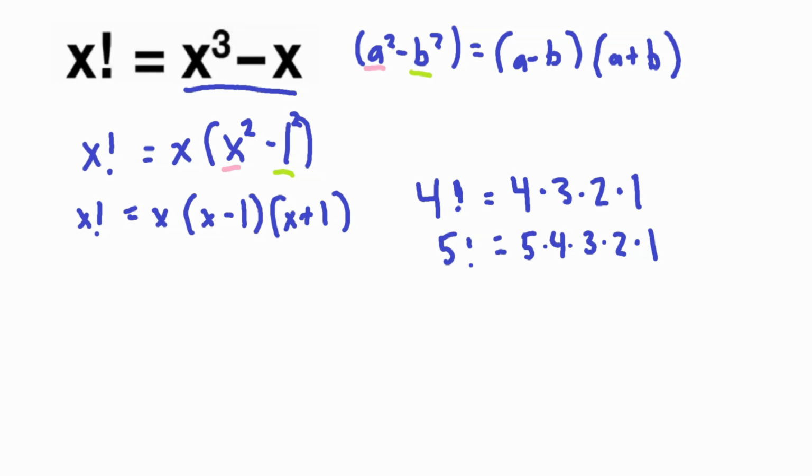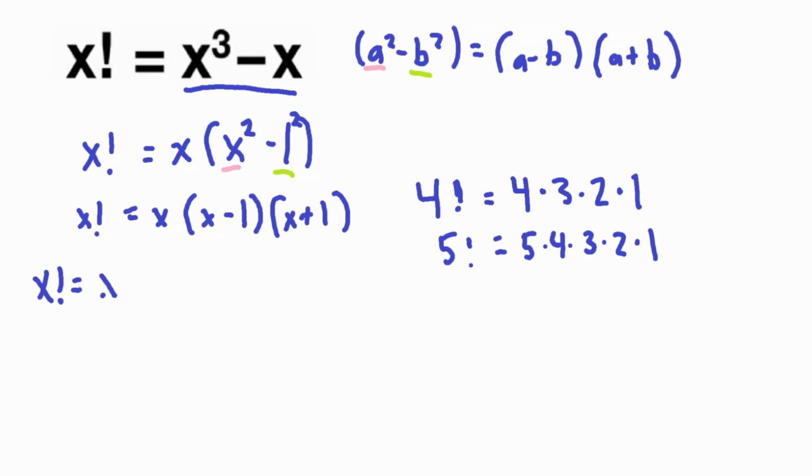So for our x factorial, is there a way that we can write this out? Well, we don't know what our x is, right? So we don't really know how many times we have to write it, but the format it should be would look like this.